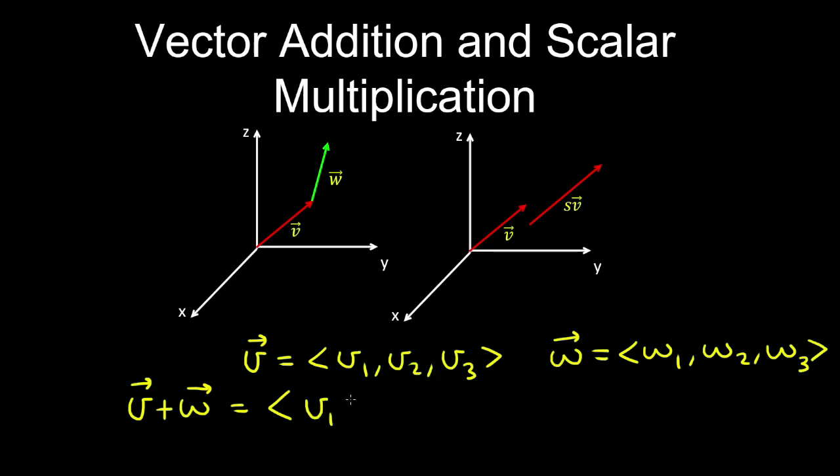So we have v1 plus w1, v2 plus w2, and v3 plus w3.